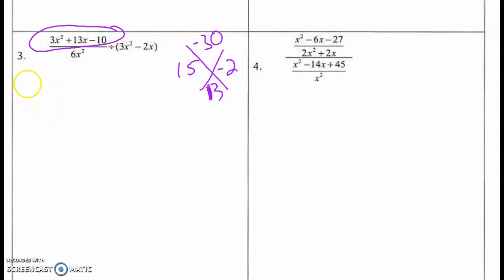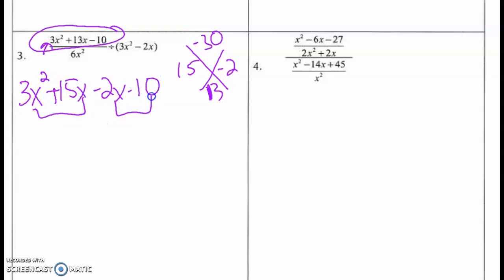Remember our old friends, the method of splitting the middle when that lead coefficient is not 1? All right, so in the numerator, we really have 3x squared plus 15x minus 2x minus 10. And we need to factor. Take out a 3x, that leaves behind x plus 5. Oh, there's another x plus 5.